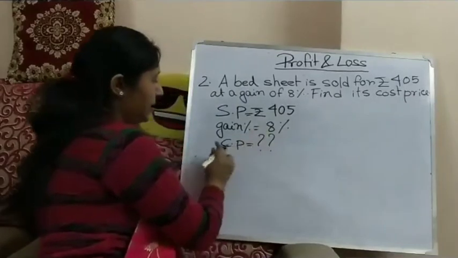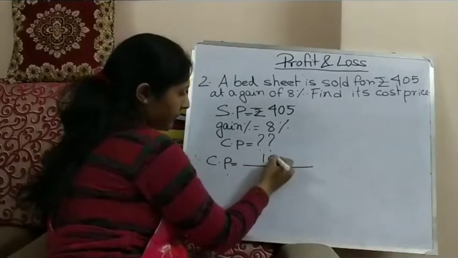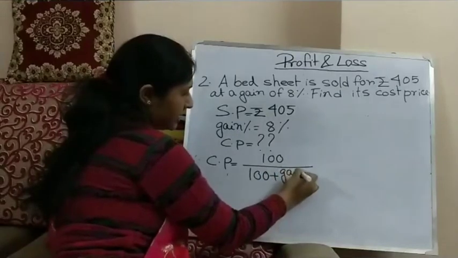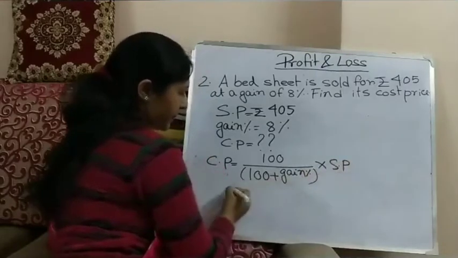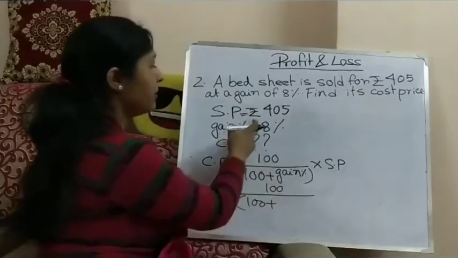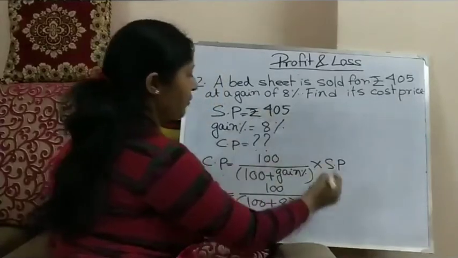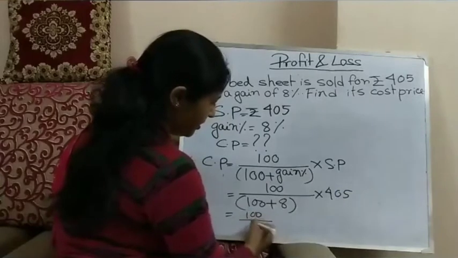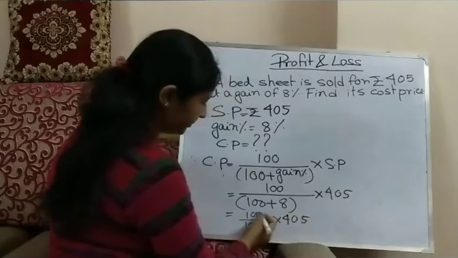We know that CP equals 100 by 100 plus gain percentage into SP. So 100 plus our gain percentage 8, so 100 by 108 into SP 405.